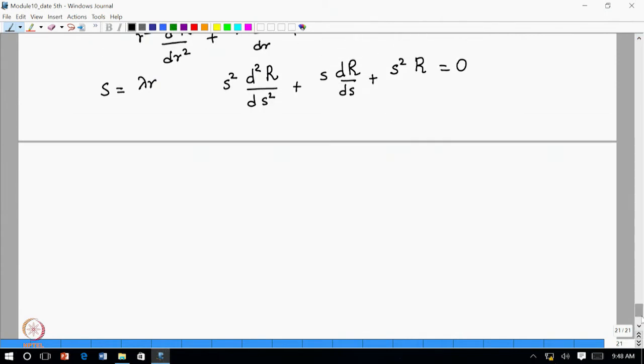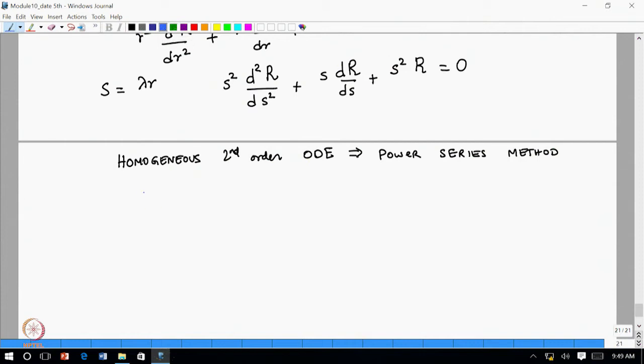Okay. So, we get a homogeneous second order ODE. Okay. So, we will try to solve using the power series method. Okay. Now, this equation is actually very well known. Okay.